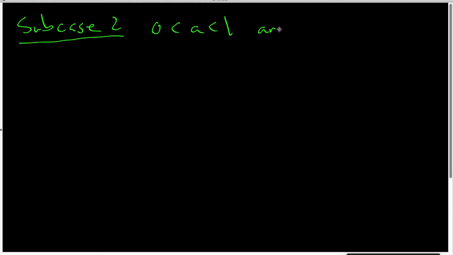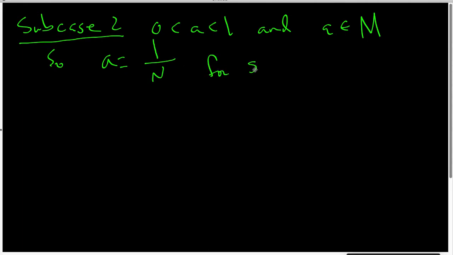Well, okay, let's now look at the second subcase. In subcase 2, we're going to assume that A is strictly between 0 and 1, and A belongs to the set M. So that means A is equal to 1 over capital N for some capital N that is bigger than or equal to 2, and capital N is a natural number.